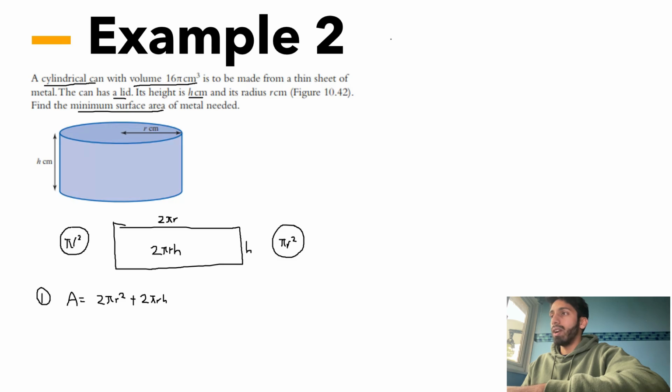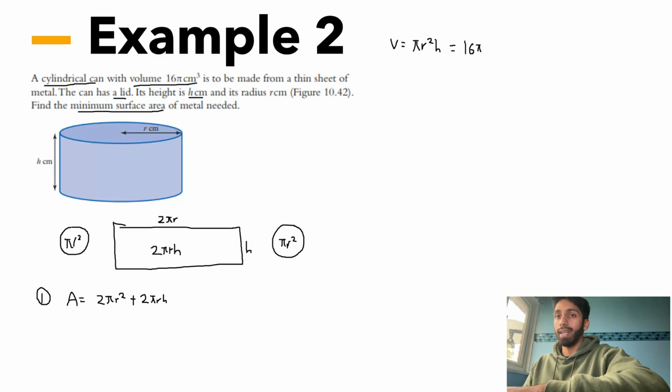So what is the formula for volume? Well, it's the area of a circle times the height, so pi r squared h. And we know that's equal to 16 pi, as given in the question. So in this question, we're trying to eliminate the h.